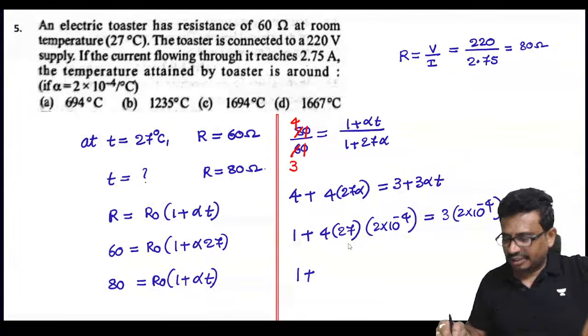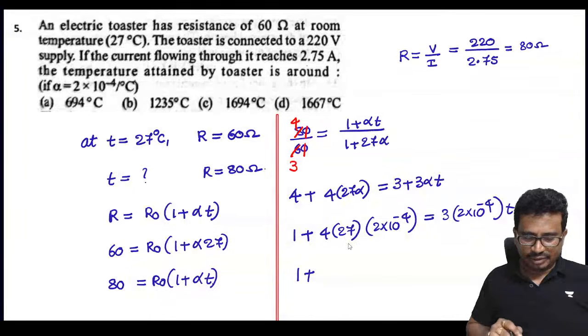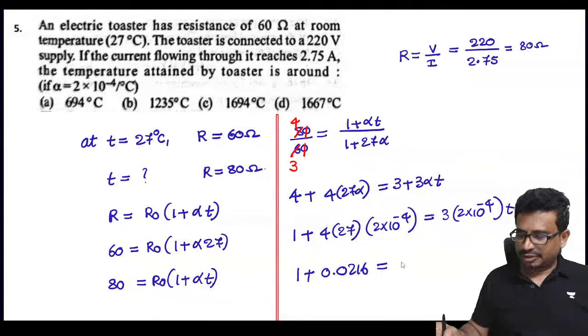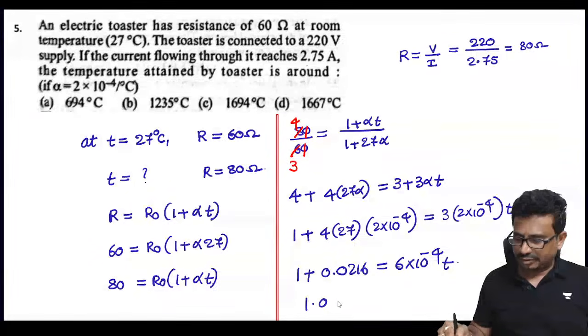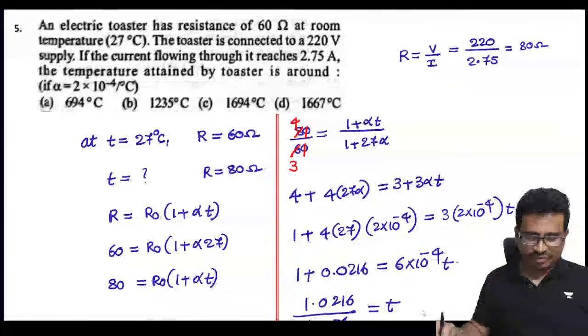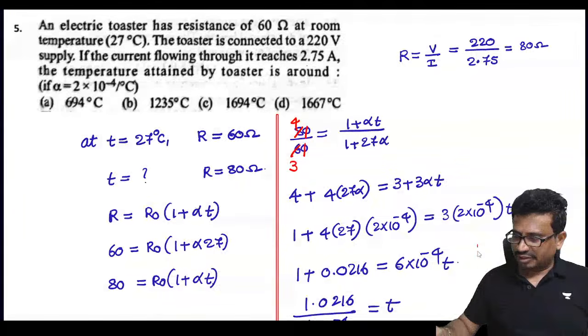So how much will come here? 8 into 27 is 216. So this is 0.0216, which is equal to 6 into 10 power minus 4 into T. So 1.0216 by 6 into 10 power minus 4 is equal to T. If you simplify it, we are getting the T value as 1702.6 degrees Celsius.